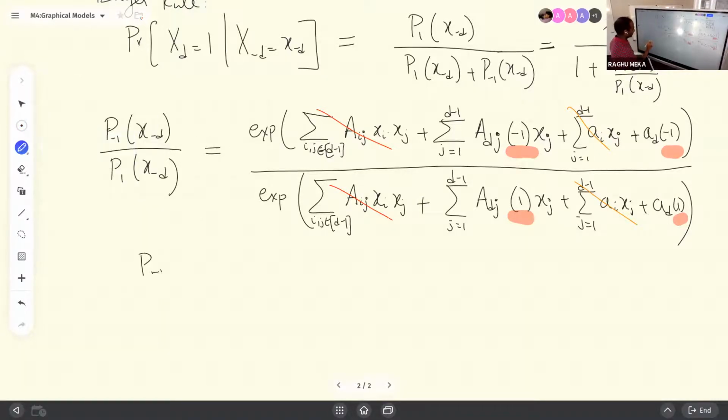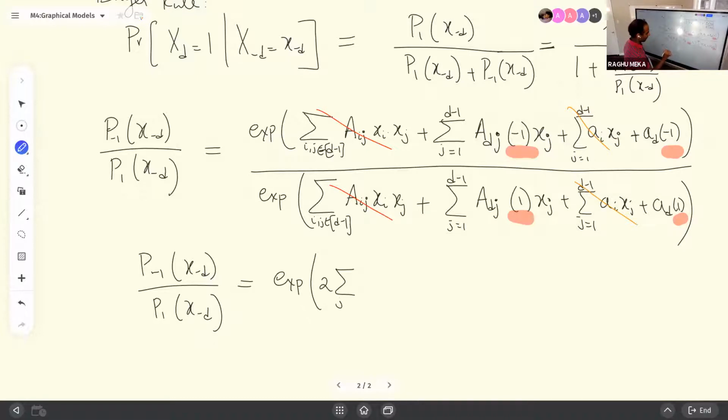I get p minus 1 of x minus d is... So the ratio became an exponential of a linear function. Okay, so let me write it more succinctly.